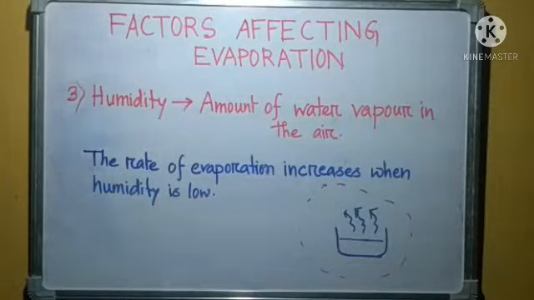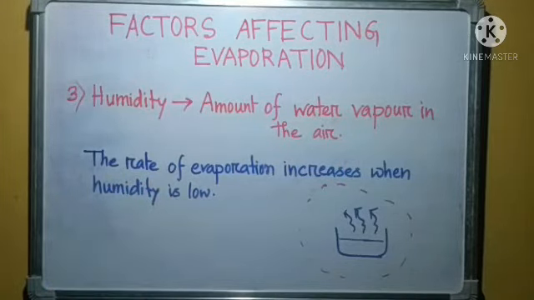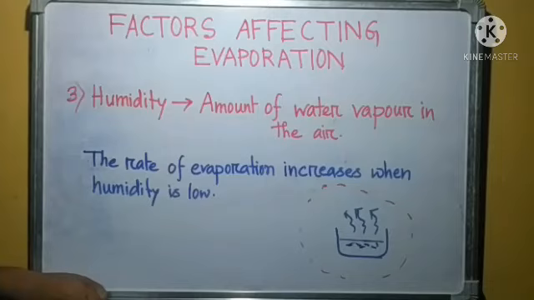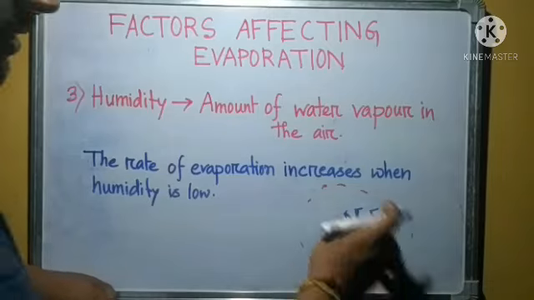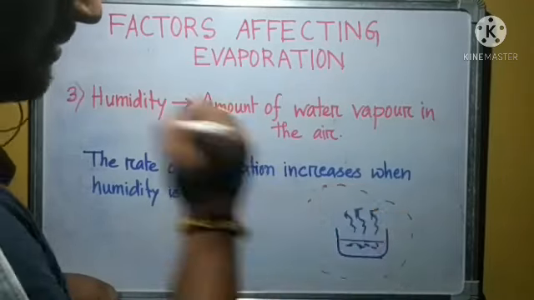Generally we see that the rate of evaporation increases when humidity is low. What it means is, if the amount of water vapor in the air is less, then the rate of evaporation increases. Why is it so? Let us consider that water is evaporating, so this liquid water is changing into water vapor.